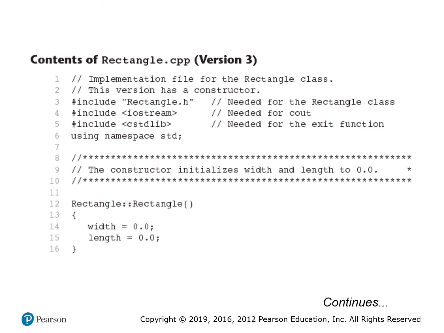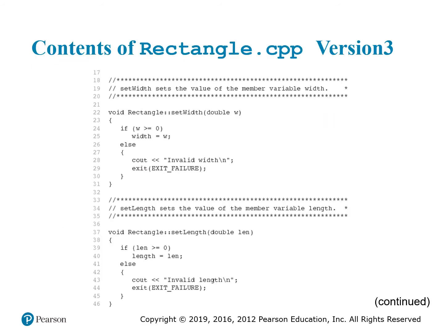Here's their code for the default constructor. Note that a default constructor does not have a return type. There's nothing over here, not even void. If you were to write void Rectangle::Rectangle, the compiler would throw an error at you. Okay, and note that also in this version 3 of their rectangle.cpp, they've expanded on the setWidth so that it's got a data validation function.